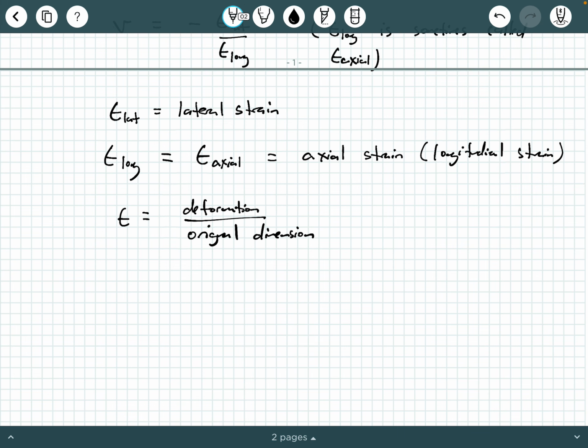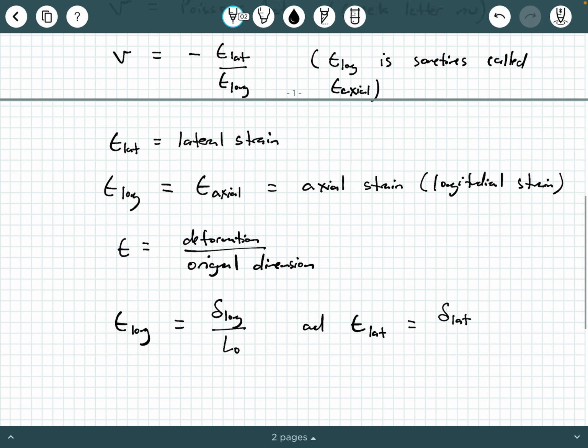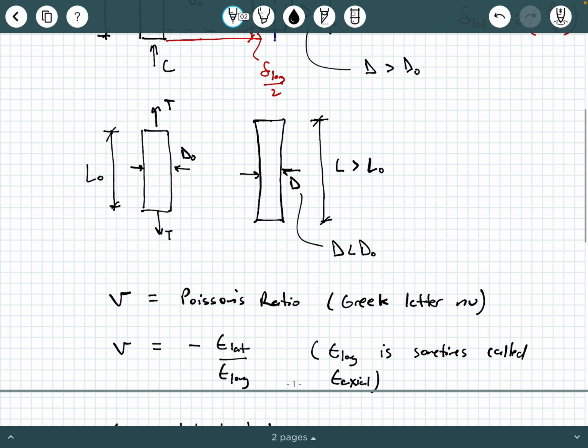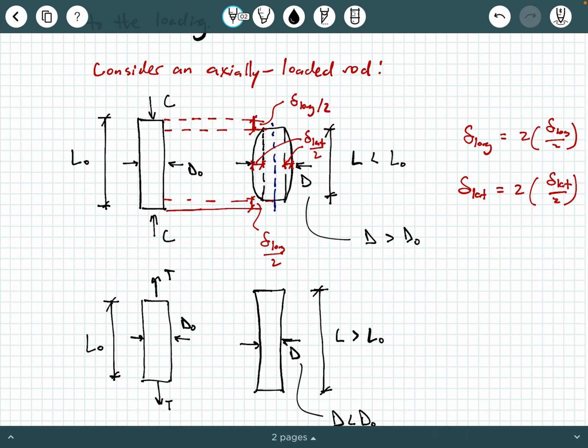So for epsilon long, that would be a longitudinal deformation divided by the original length, and epsilon lateral would be delta lateral, and looking back at our original diagram, we can say it's delta lateral divided by the original diameter.